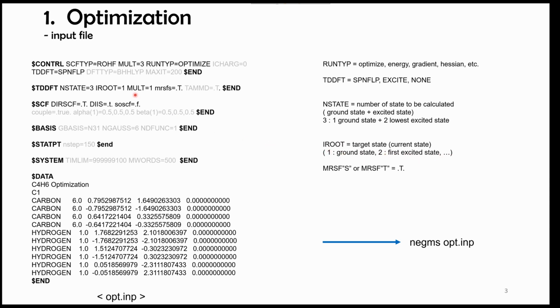And here we have to choose whether we want to calculate singlet or triplet. For singlet, we use MRSF S, and for triplet, MRSF T, set to true. So you can choose one of these two options.